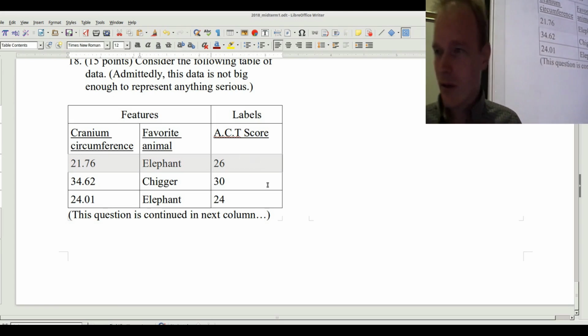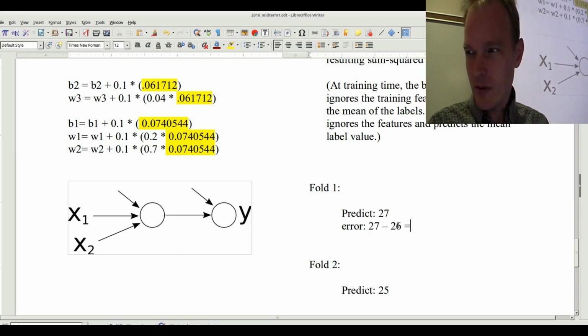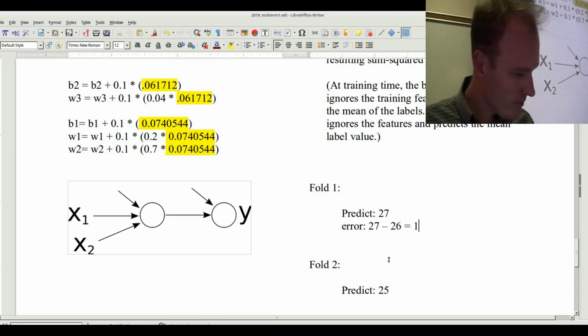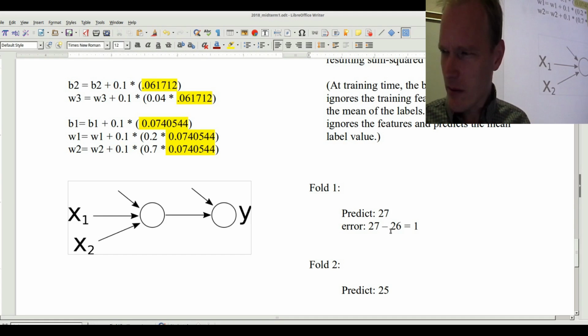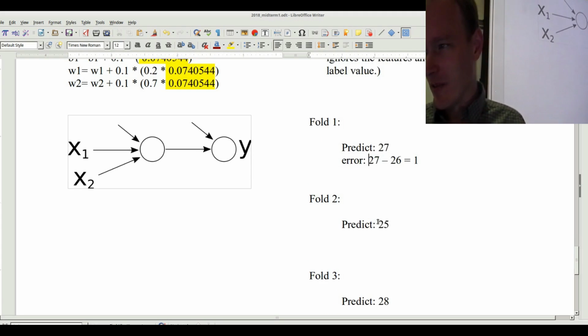Do you agree? Okay, and we're predicting a 27, so our error is 1. Is that right? Actually, I think error is usually prediction minus target, not target minus prediction. We're going to square it in the end anyway, so it doesn't even matter.